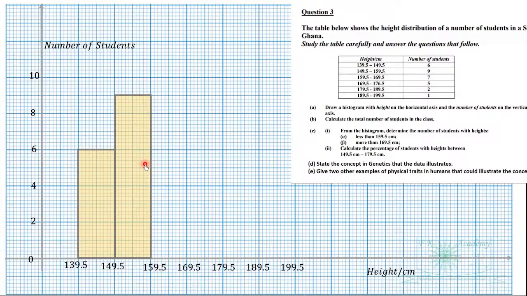Then next we have 7, number of students being 7, from 159.5 to 169.5. So we draw the bar so that the height will fall between 8 and 6 exactly, which is 7. 7 will be here. Then from 169.5 to 179.5, we have 5 students.